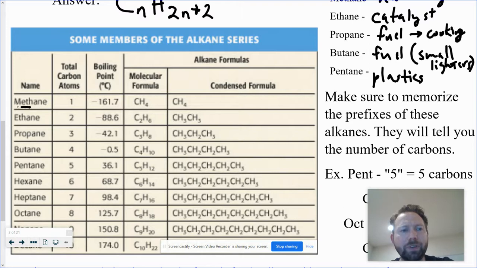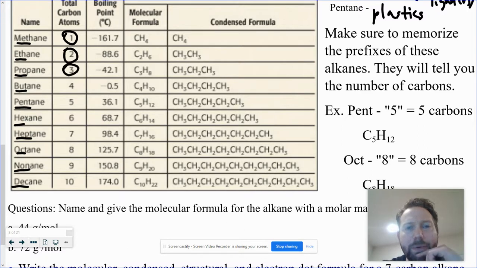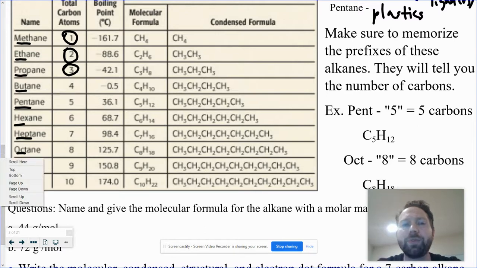It's really important for you to memorize the prefixes meth, eth, prop, but, pent, hex, hept, oct, non, and dec. These are all of the prefixes that indicate how many carbons that particular molecule has. As you can see, there are examples of the molecular formula and the condensed formula, two examples of ways in which we can represent the molecules.